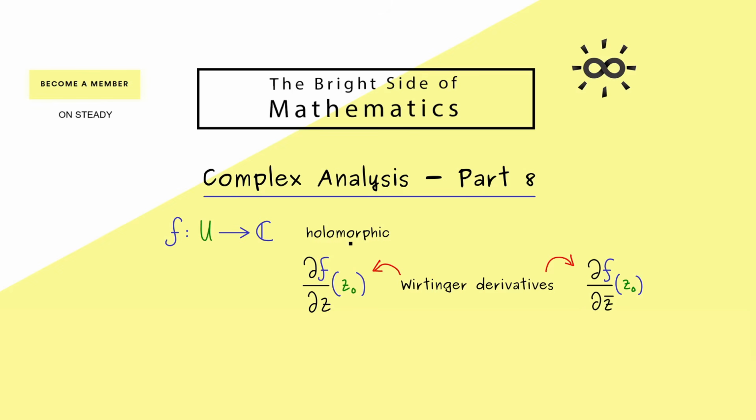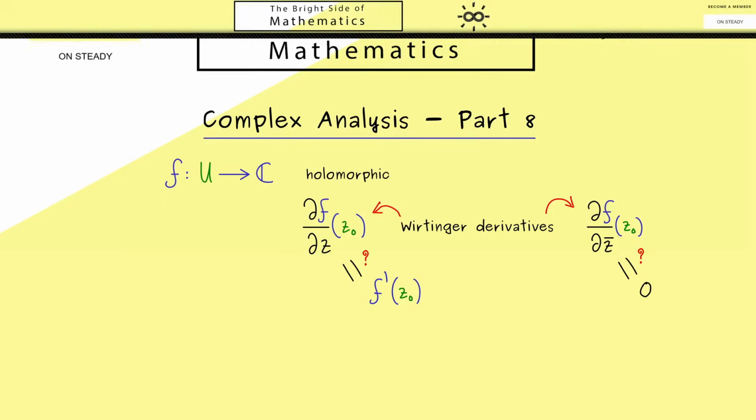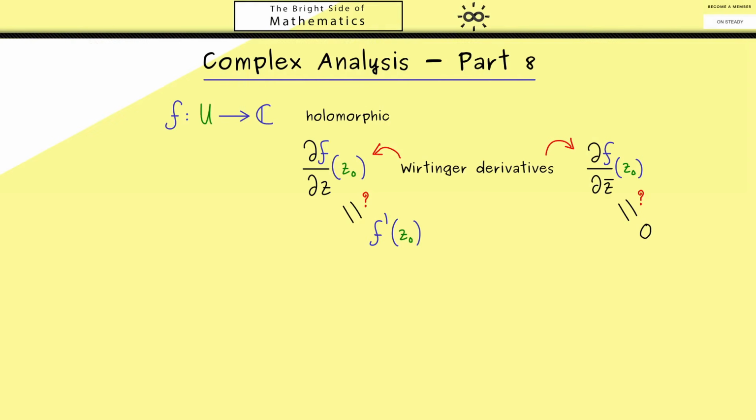For example, for a holomorphic function f, this one here should give us the complex derivative of f at the point z0. With this in mind, we will be able to define this new differential operator. Also, then we will see that for a holomorphic function, the other Wirtinger derivative should be 0. Therefore, let's first concentrate on the Wirtinger derivative on the left hand side, df dz.